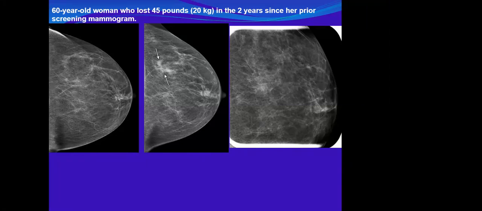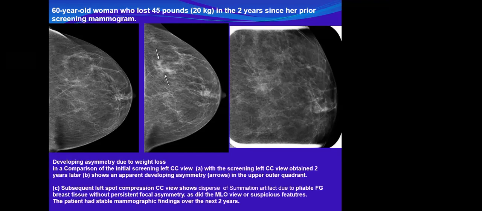Okay, what about the spot? Still, the asymmetry is present. It has spread out, but I can still appreciate some abnormality. Yes, you are right. It is spreading, there is no underlying mass, no distortion, no calcification, no suspicious features.